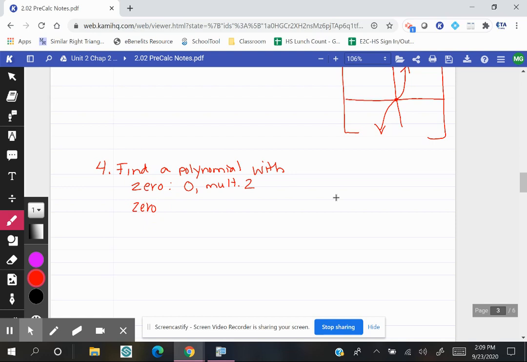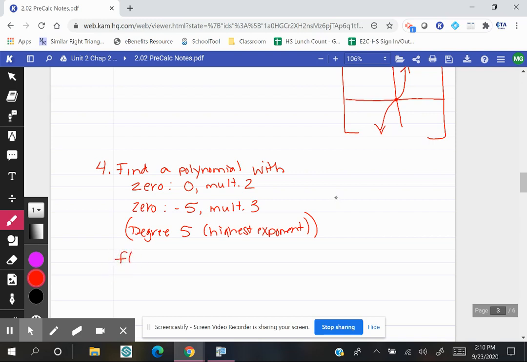I want another 0 at -5 that has a multiplicity of 3. And I want it to have a degree of 5, which is just your highest exponent. Okay, and we can see here if we have a multiplicity of 3 and a multiplicity of 2, that would give us a degree of 5. So this part isn't really going to help you figure this out.